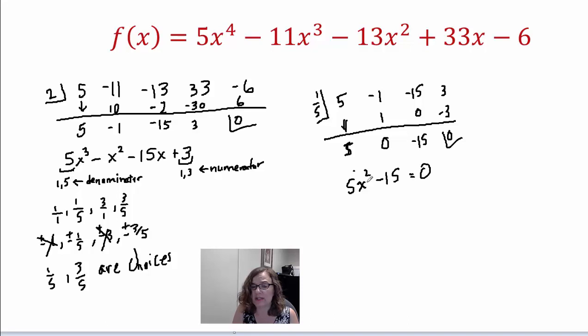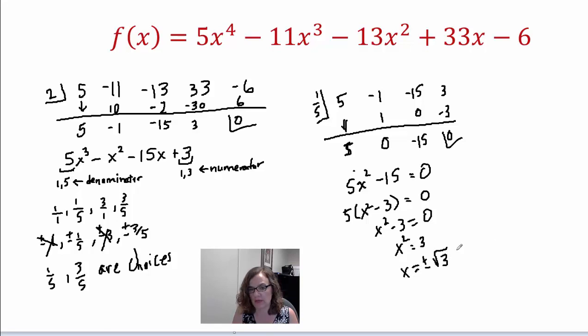You can also factor it. I divide both sides by 5, and I'm really just looking at this right here. But I still have to solve for it. So x squared is equal to 3. x is positive or negative the square root of 3.